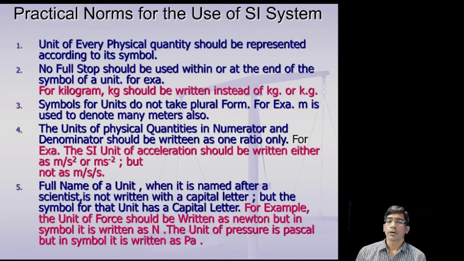Fifth point, the full name of a unit named after a scientist is not written with a capital letter, but the symbol for that unit has a capital letter. Suppose we take the example of the unit of force. Its unit is named in honor of the scientist Newton.